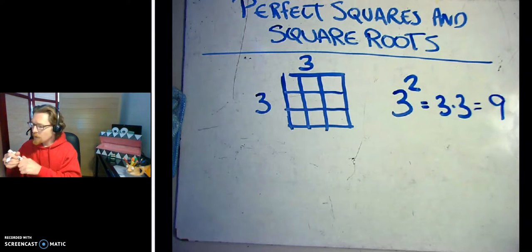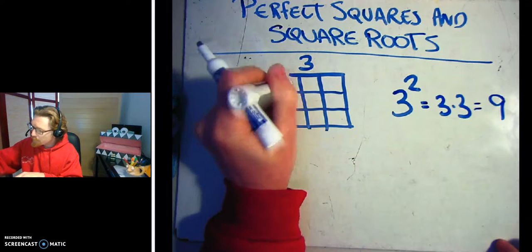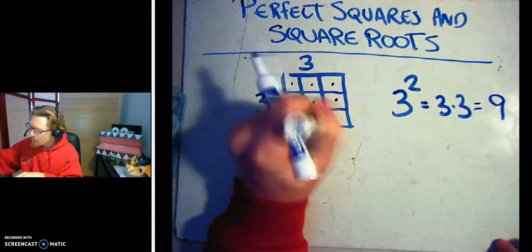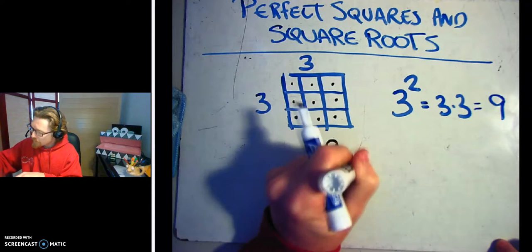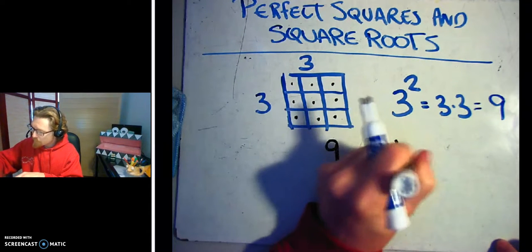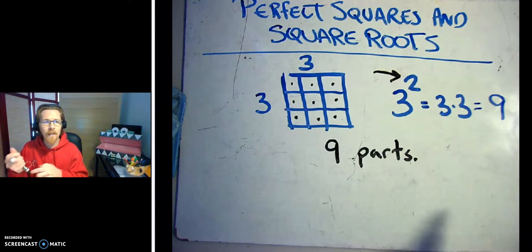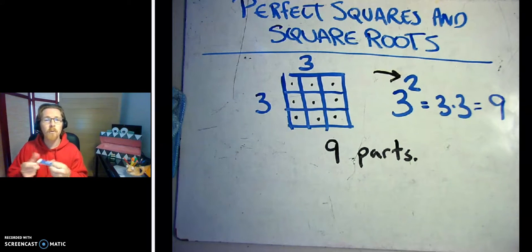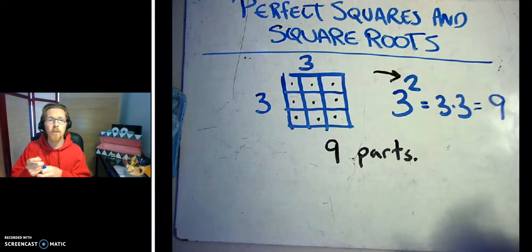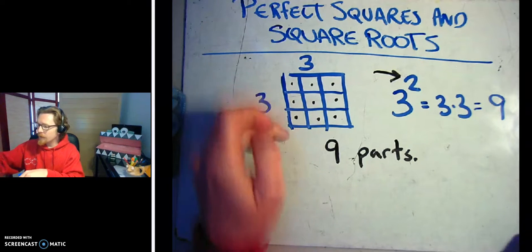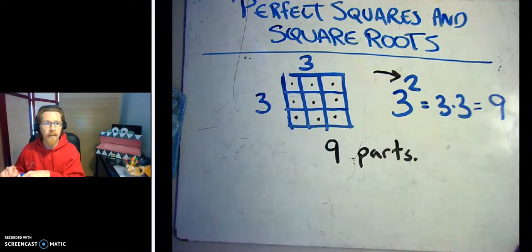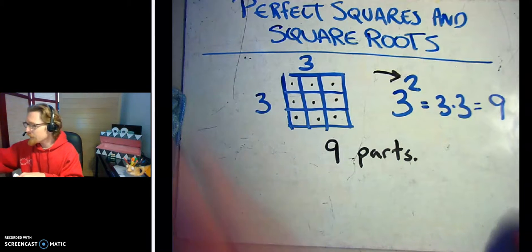And if I take all of these 1 by 1 squares inside of here and I count them up, there are 9 parts. There are 9 1 by 1 squares in that square. So again, this power of 2 is kind of a unique exponent. We say that 3 is squared because we're literally referring to the shape of a square that has the length and width of that base value, in this case 3.